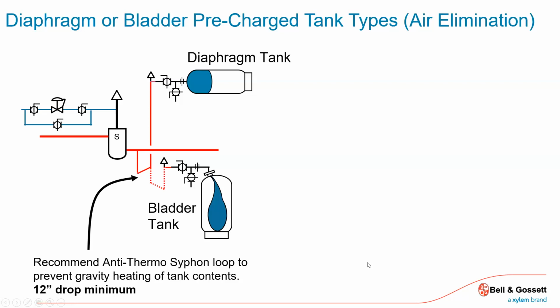So by putting this little anti-thermal trap, either way, whether I'm going from the bladder that's sitting on the floor or the diaphragm that's elevated, instead of going right off that pipe up to the tank, introduce this little thermal trap. All of the installation manuals reference it. The point is to keep the heat away from the tank. It will heat the water, it'll heat the air in the tank. Technically, it could cause the tank to be bigger than it needs to be. So they always have that reference. Use that anti-thermal siphon loop.